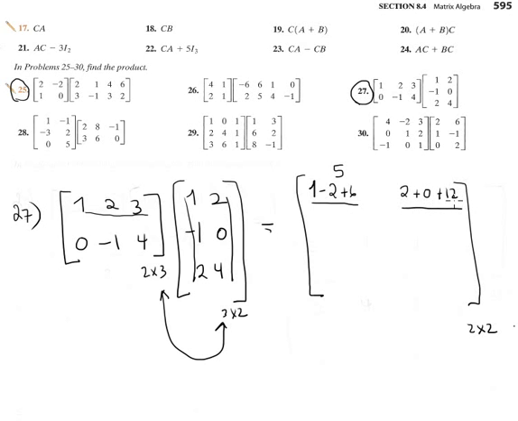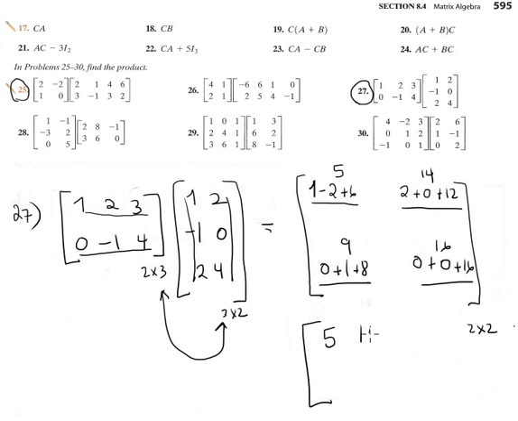So 14. Okay, now second row and the first column is 0, plus 1, and this is 8. So the answer is 9. And the last one is 0 plus another 0 plus 16. The answer is 16. And the answer is 5, 14, 9, and 16. It is a 2 by 2 matrix.